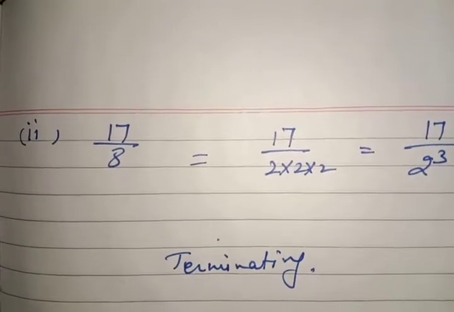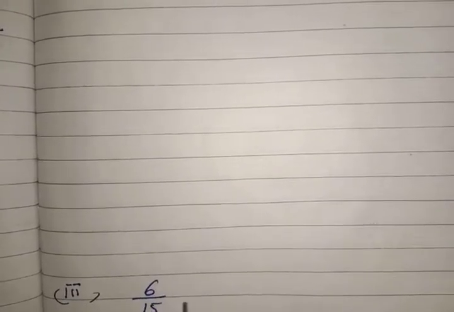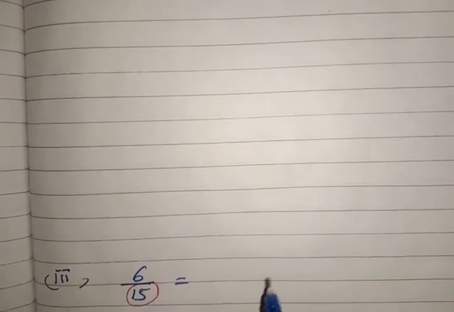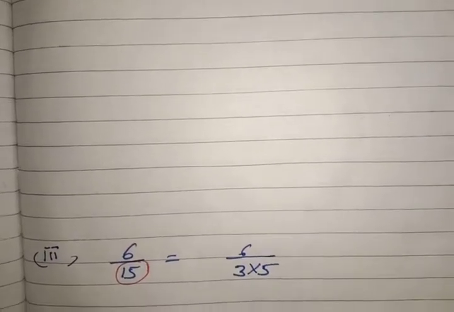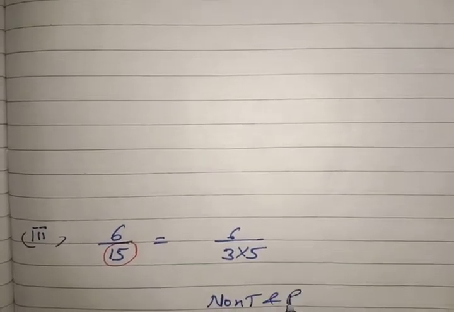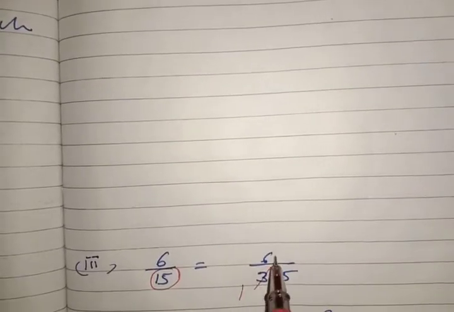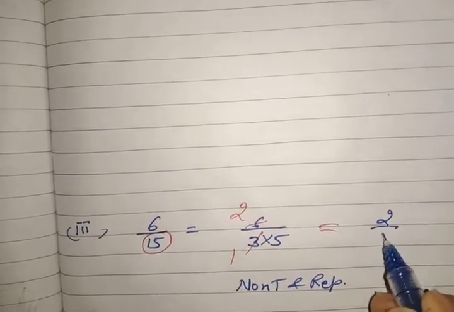One more part I want to take is 6/15. Just look at this third part. Because it is 15, a student will factorize it, get 3 5, and directly say that it is non-terminating and repeating. But this is wrong. Why wrong? Because cancellation is there. 3 ones are 3, 3 twos are 6, so this will finally become 2 upon 5.